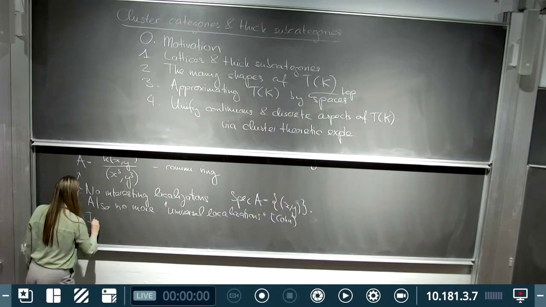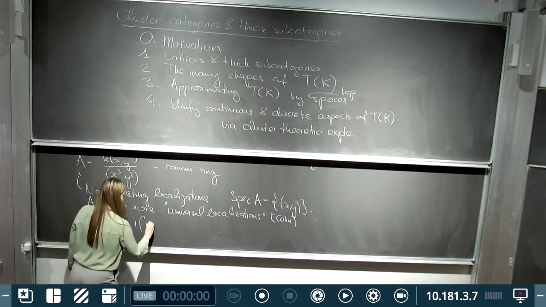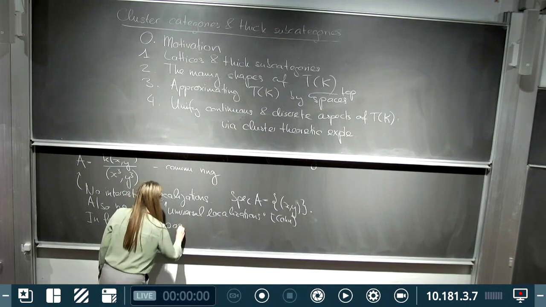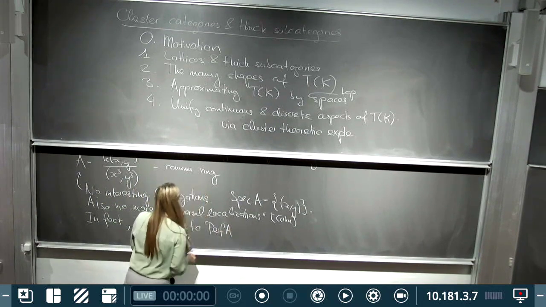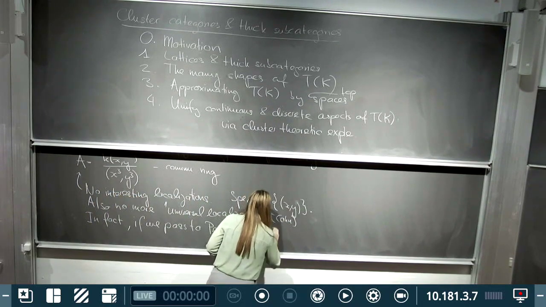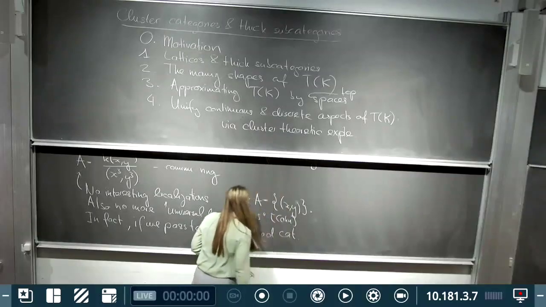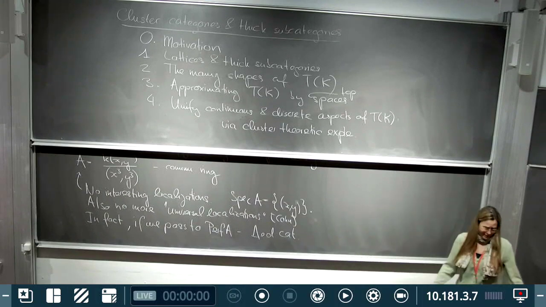In fact, if we pass to Perf(A), this has no interesting localizations, but this is a triangulated category now. Right? And I say this has no interesting localizations. What does it mean to be a localization of Perf(A)? It means you invert some maps. Yeah.